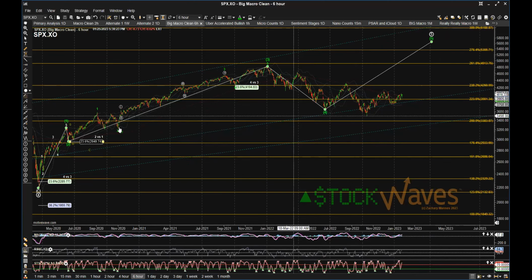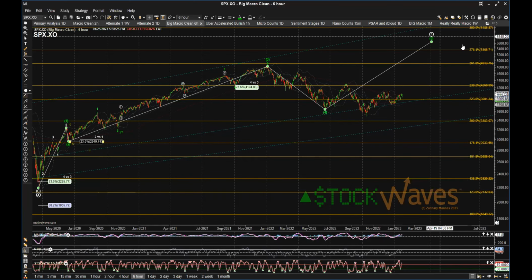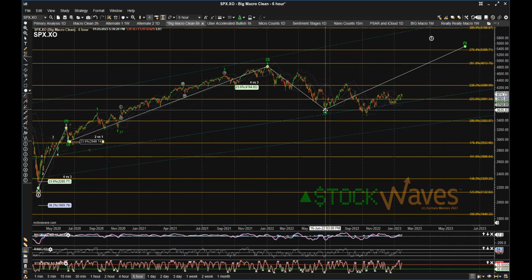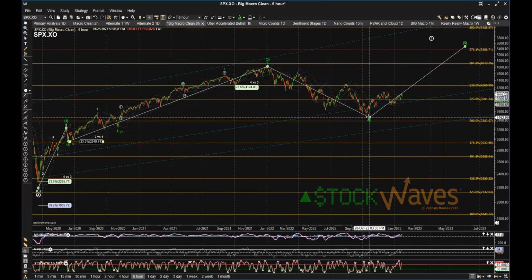Now, in terms of ways of counting this 5th wave, at this point, I think moving the 4th wave over here relies on so many alternate ways of counting from what the normal structure is.